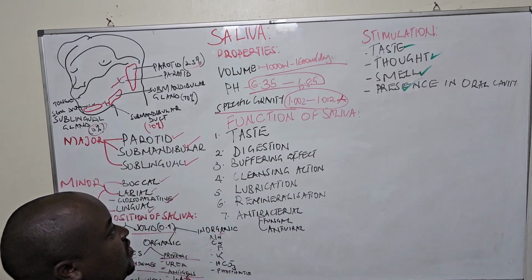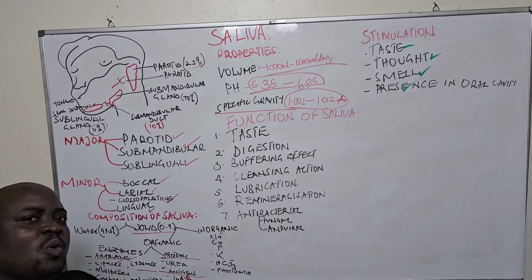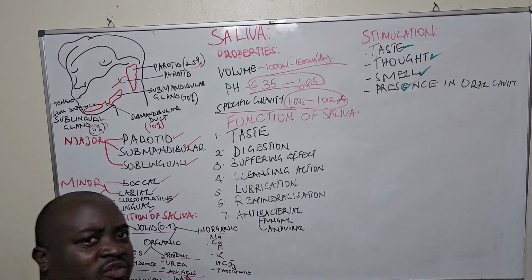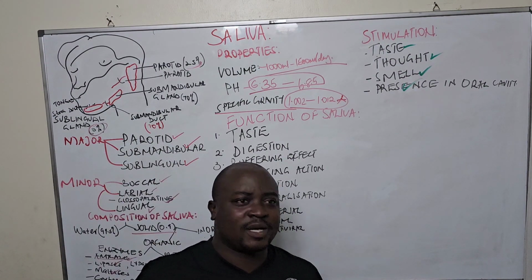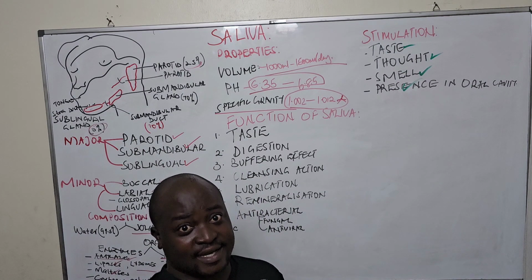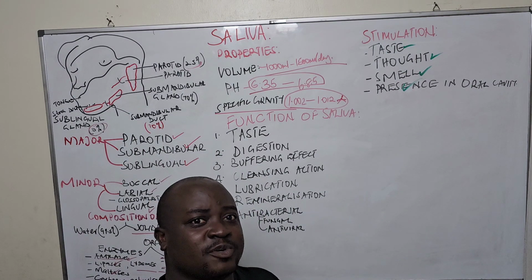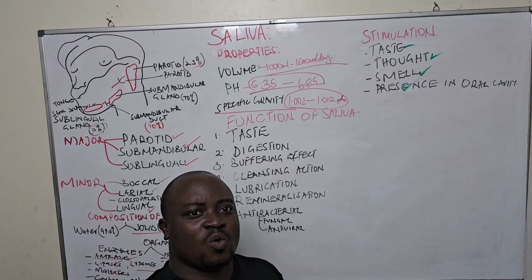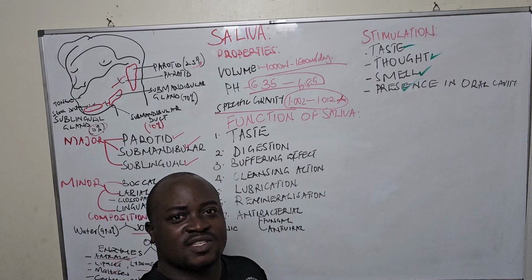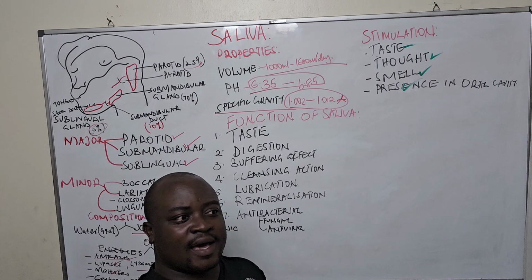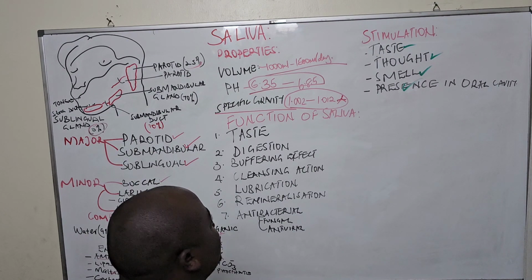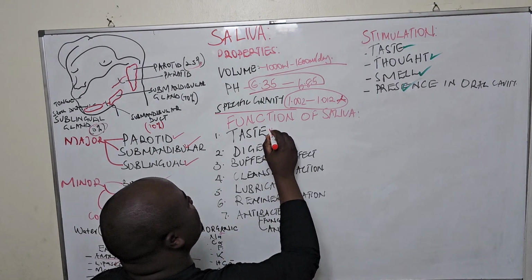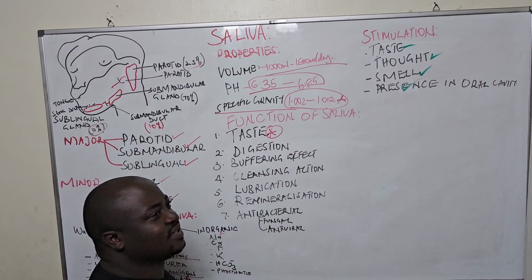Functions of saliva. What is the function of saliva? We already talked about the parts of the oral cavity, like the tongue. We say the tongue is important for tasting, but the tongue cannot taste anything if the food is not mixed with saliva. So it helps in what? In the tasting.